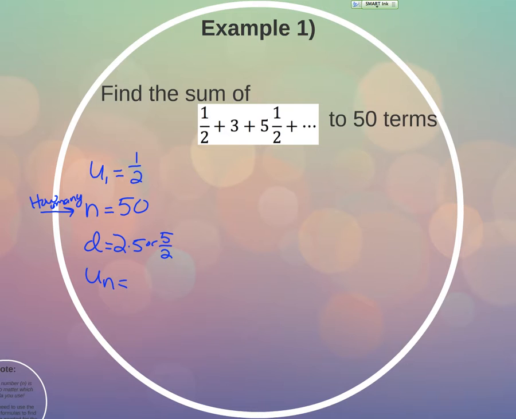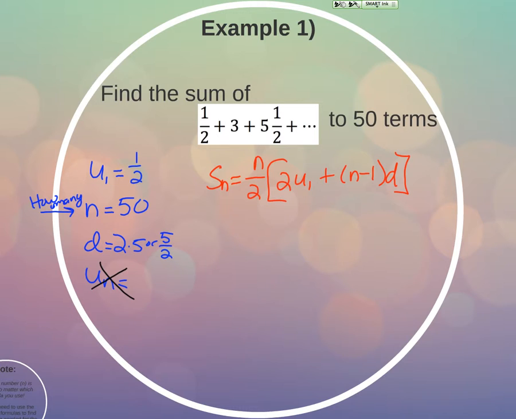So, the longer formula looks like this. I'm going to write it, and I'm even going to look back at it so that I don't make a mistake here. It's n over 2, and then I have 2 times the first term plus n minus 1 times the common difference. That's the exact same formula that we wrote down. Again, since I don't have the last term, I'm not going to use the short formula.